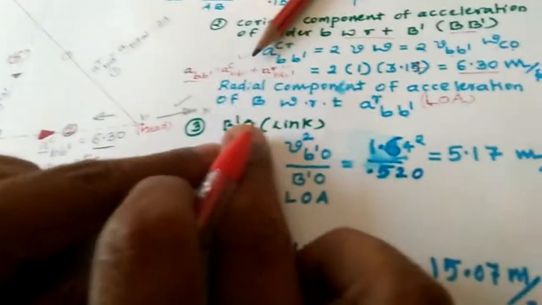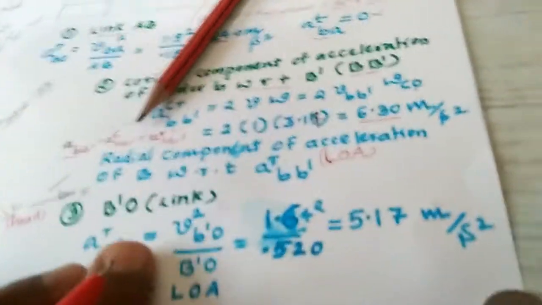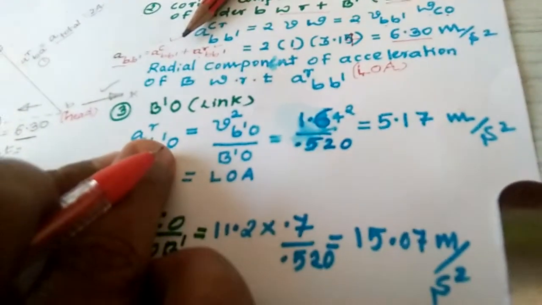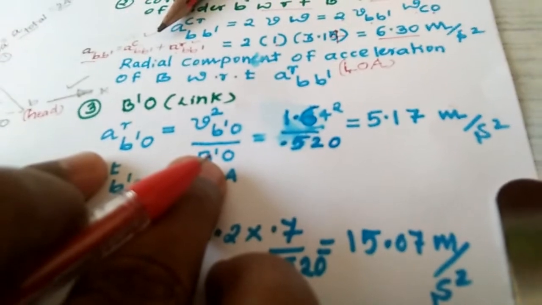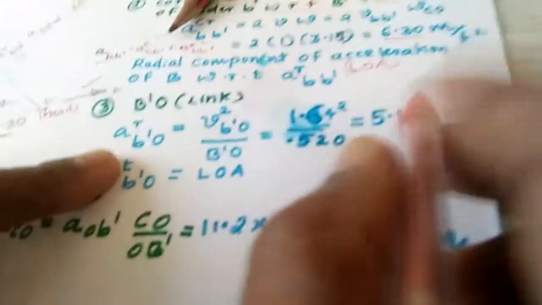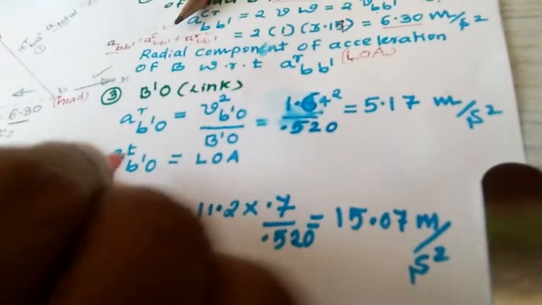Then you come to B dash O, that is a link. In that case you have to find the radial component, that is V square B dash O divided by B dash O. You will get it as 5.17. And what about the tangential for this B dash O? You will get it only as a line of action.